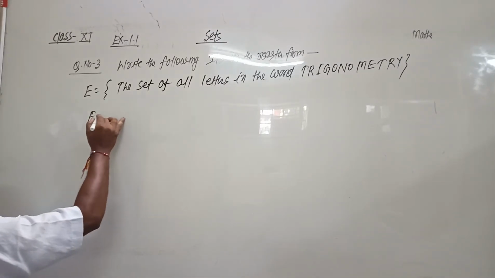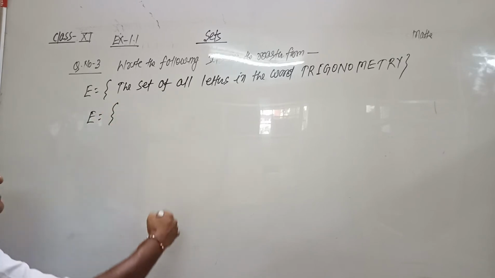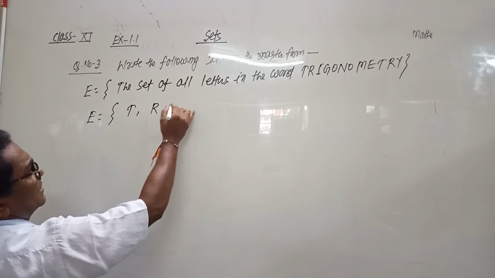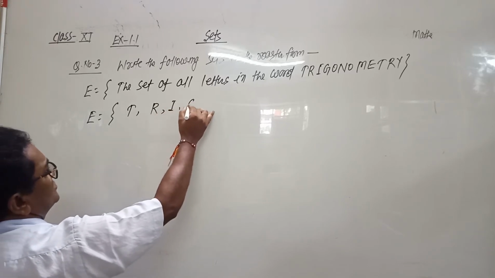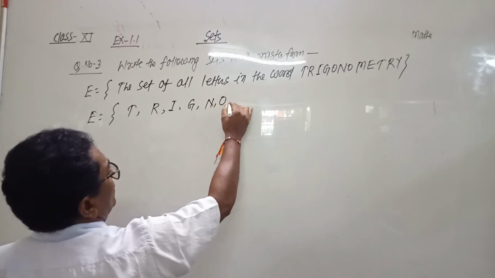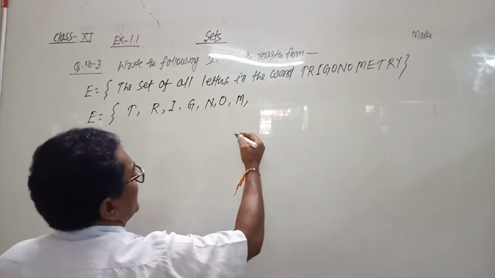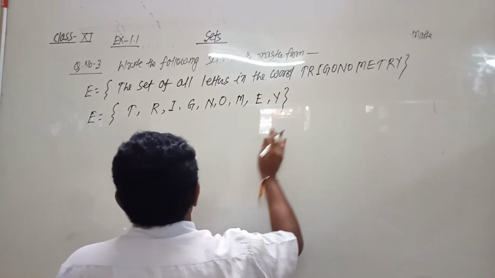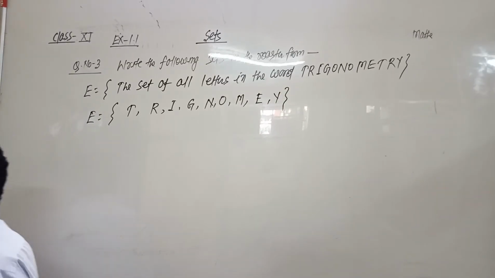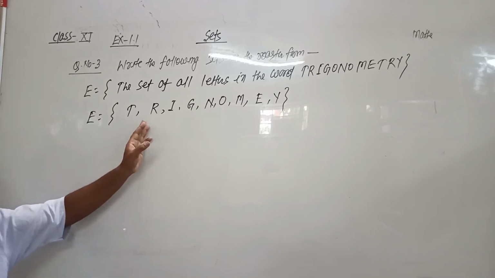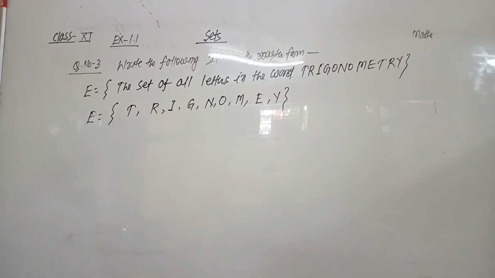So we will write separately all the letters involved in trigonometry. So T, R, I, G, N, O, M, E and Y. We have not to repeat the letter. Once we have to write, not to repeat the letter. So this is in roster form.